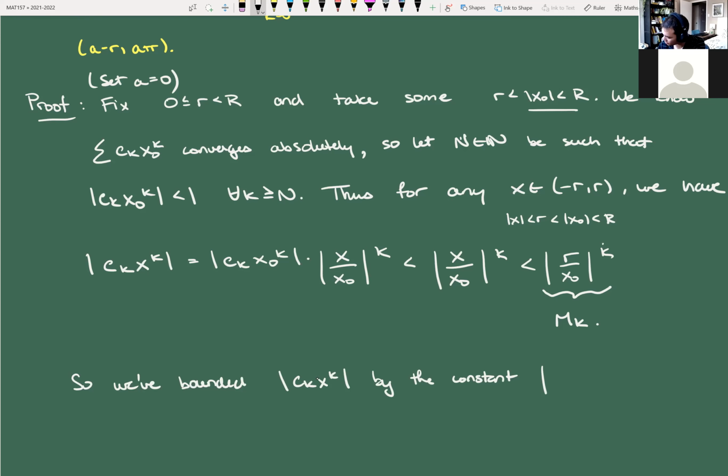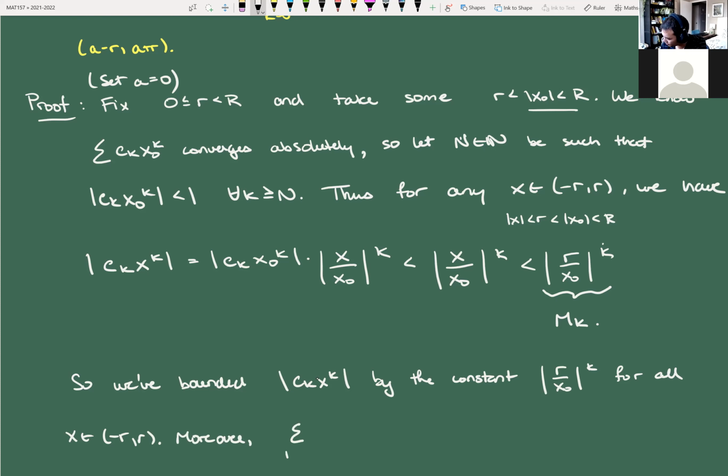For a fixed k, this is a constant, R over x naught to the k for all x in negative R, R. Okay. Moreover, the series of the M_k's converges.